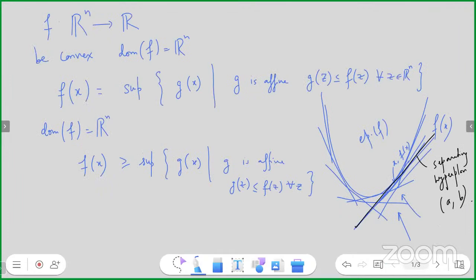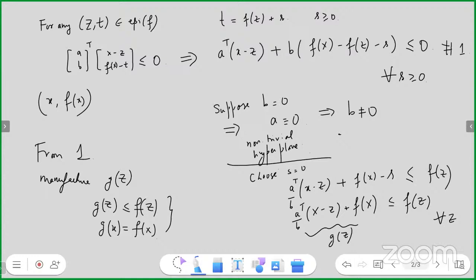So fix an x, what kind of function is this? A transpose b x minus z plus f of x. Can you draw? So let's just try to draw. Take whatever value. A transpose b x minus z plus f of x. Right? So this was my point, let's say. We know that this function approaches f of x exactly.